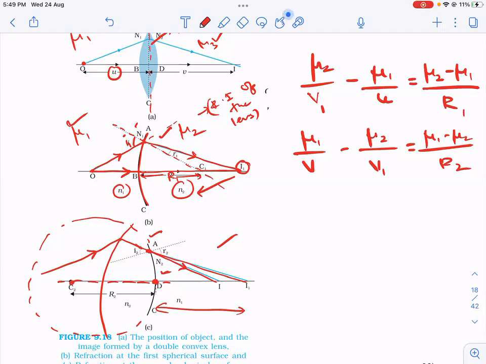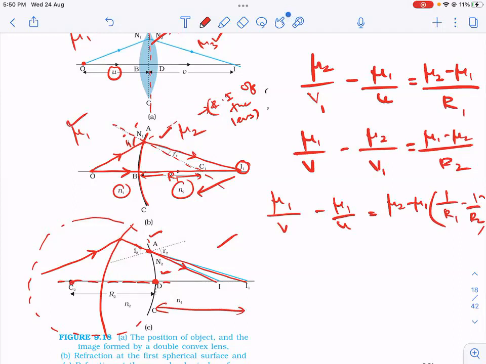In terms of the mathematical part, it is easy, but logic is more important. Any doubt in this? Clear? So what are you supposed to do? Add both the equations. I'll get mu1 by v minus mu1 by u is equal to mu2 minus mu1 into 1 by r1 minus 1 by r2.